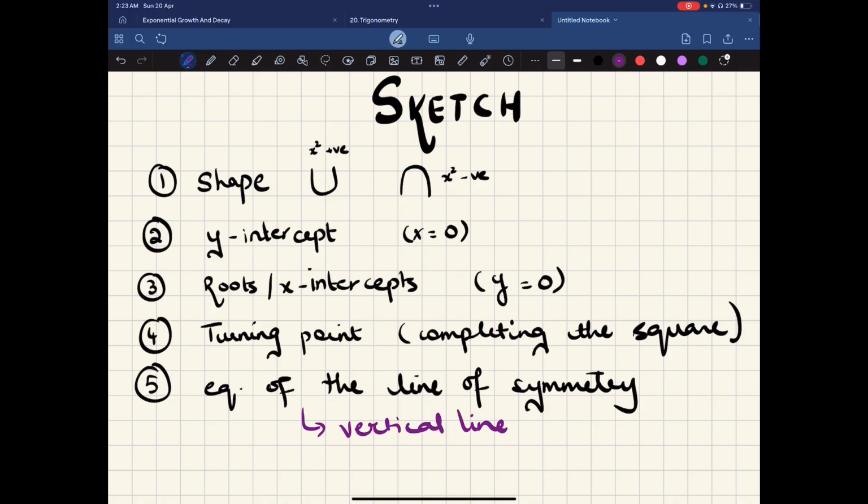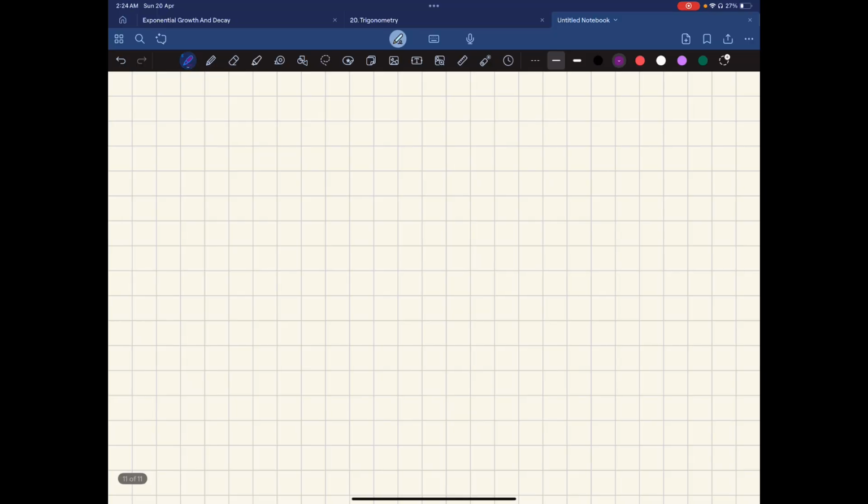What is the equation of a vertical line? It is in the form x equals a constant. And what is that constant going to be? It is going to be the x coordinate of the turning point. Okay, so this might seem a lot, but it isn't. Let's do one example to see how quickly we can sketch the graph.